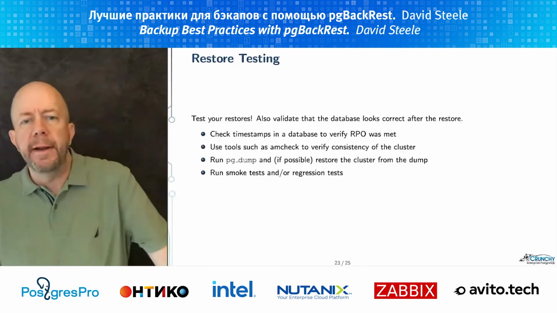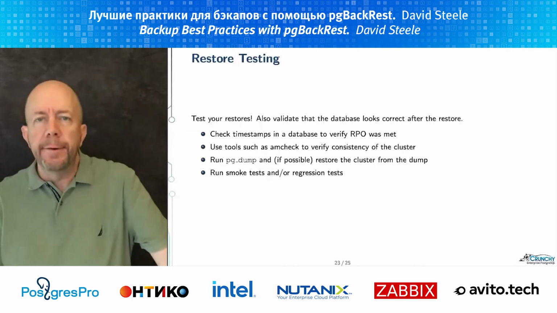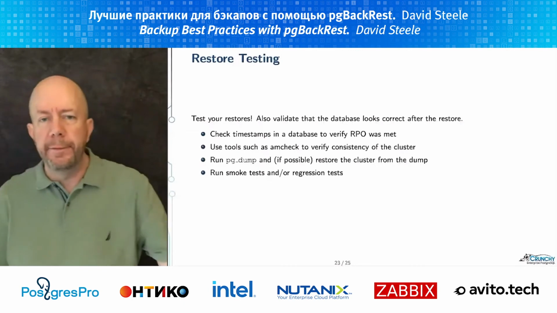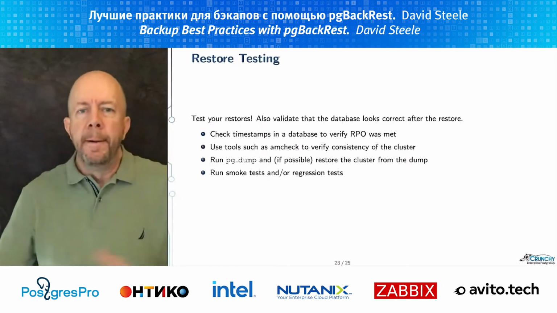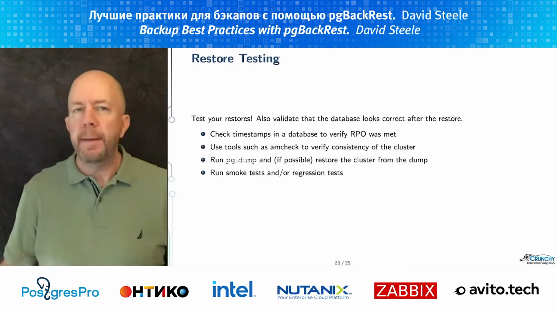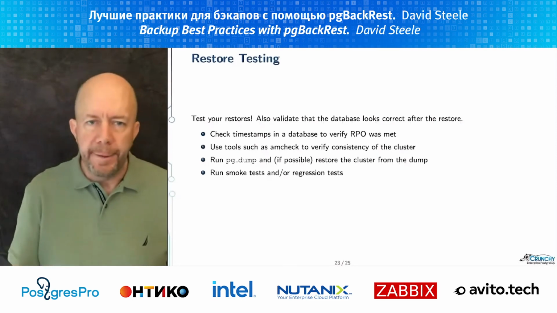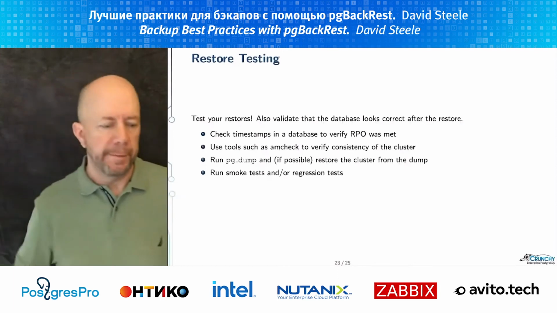And that's a pretty good indication that your RPO is met. RTO is easy to measure because you're just looking at the amount of time it took you to restore and recover. But RPO needs to be measured as well because it may not be clear that the database is only 15 minutes old rather than 30 minutes old unless you have some timestamps to help you verify that.